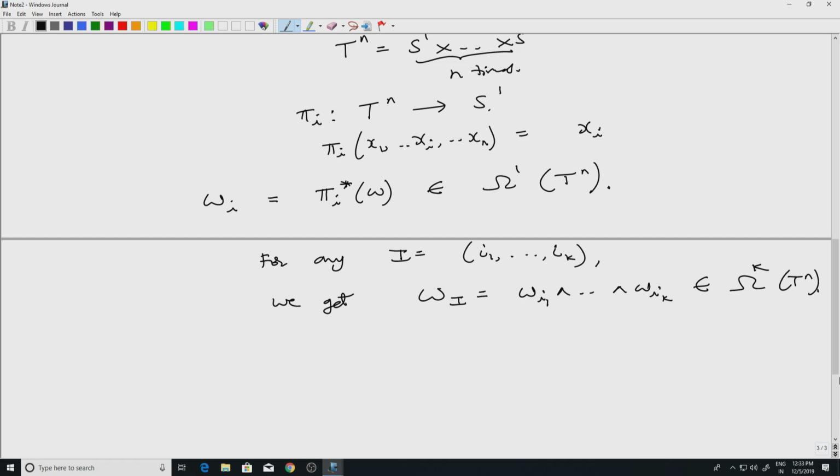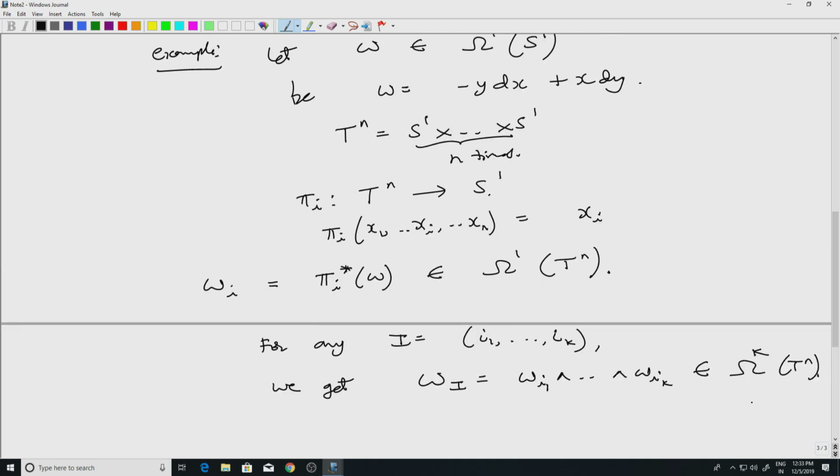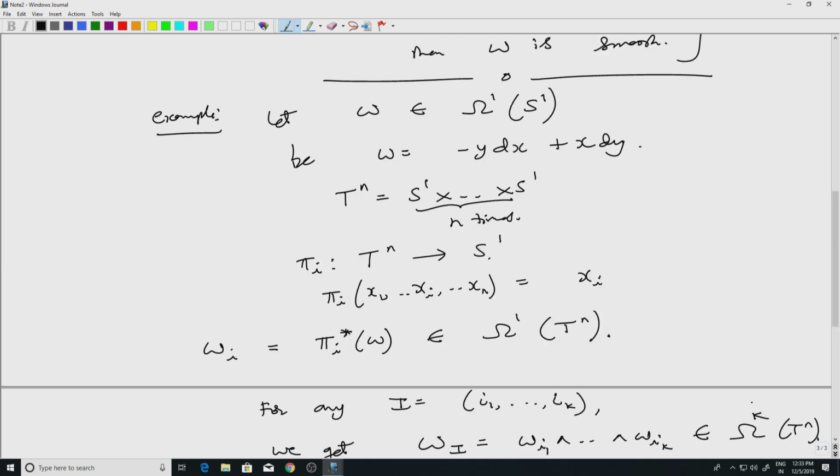And one can check, well, we have already proved that the Leibniz rule is satisfied for D of a product. Moreover, the fact that omega is closed will imply that the pullback is also closed, since we know that D and the pullback operation commute.